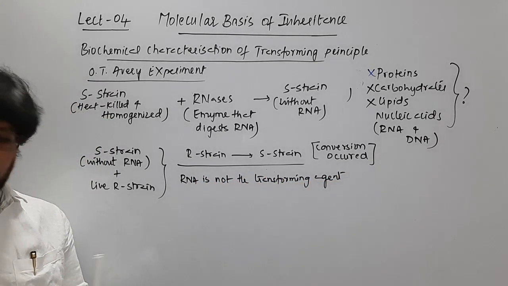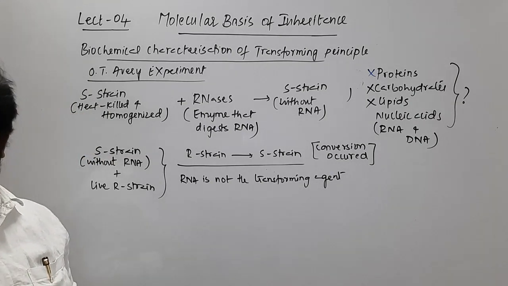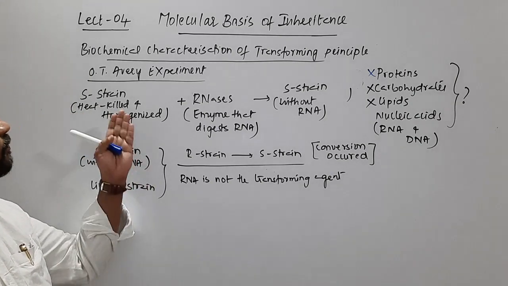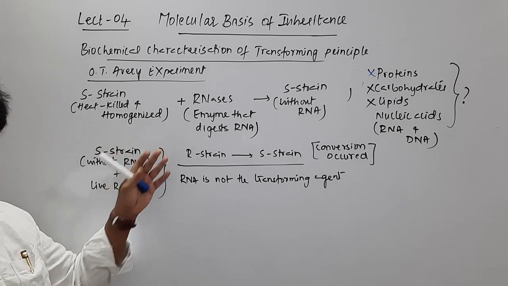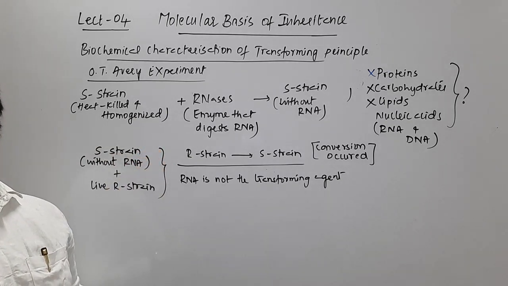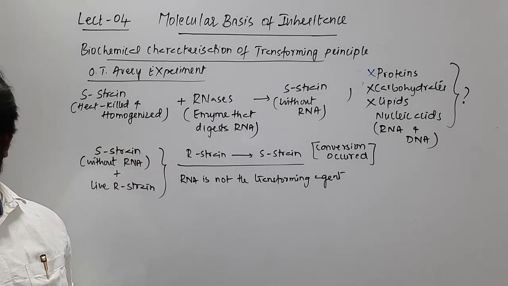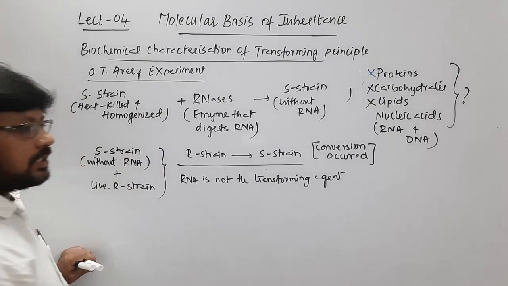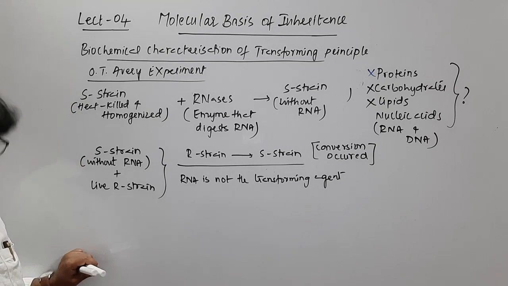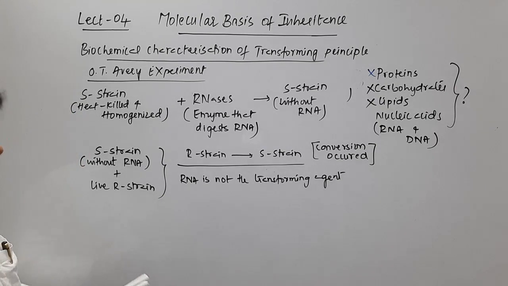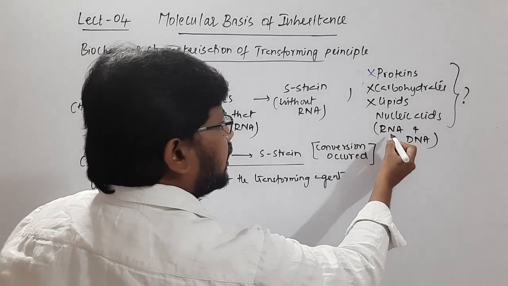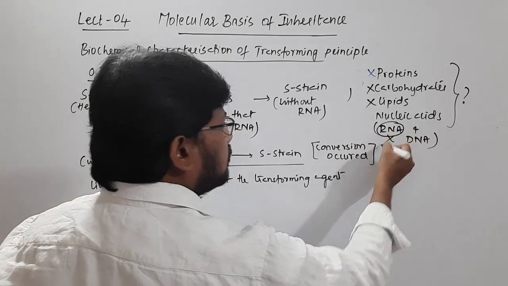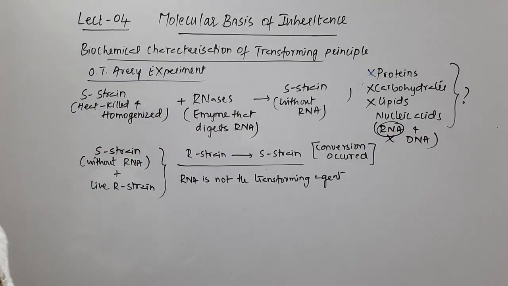We know that genetic material will pass from the S strain to the R strain and convert that R strain into S strain. So RNA is also not the transforming agent.